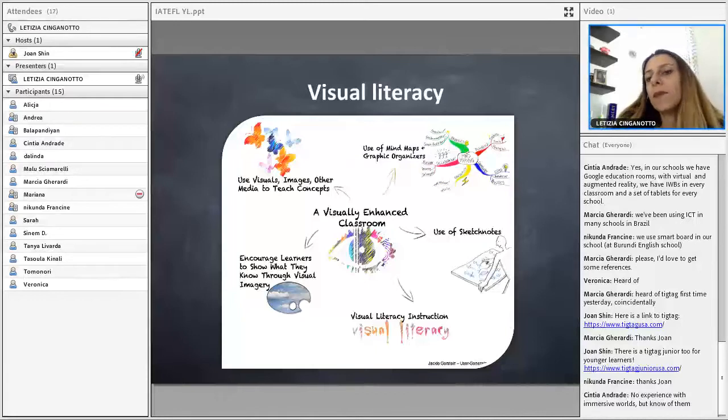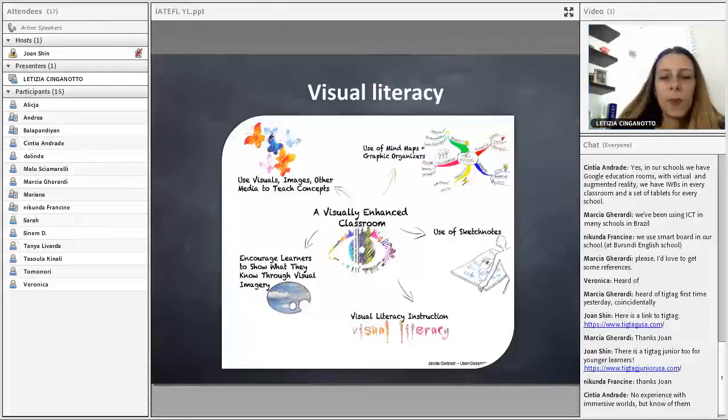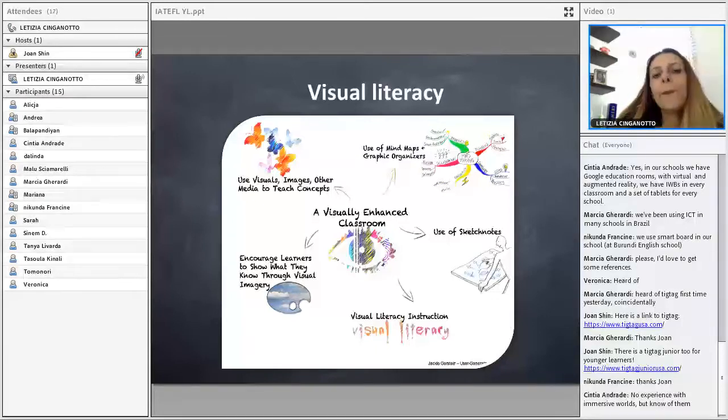It's not enough for our students to be able to speak their mother tongue, one or more, hopefully, foreign languages, and to calculate and so on. Of course, they have to develop a wide range of other literacies to be competent and to be able to understand all the multiple messages coming from our multimedia, multimodal world.